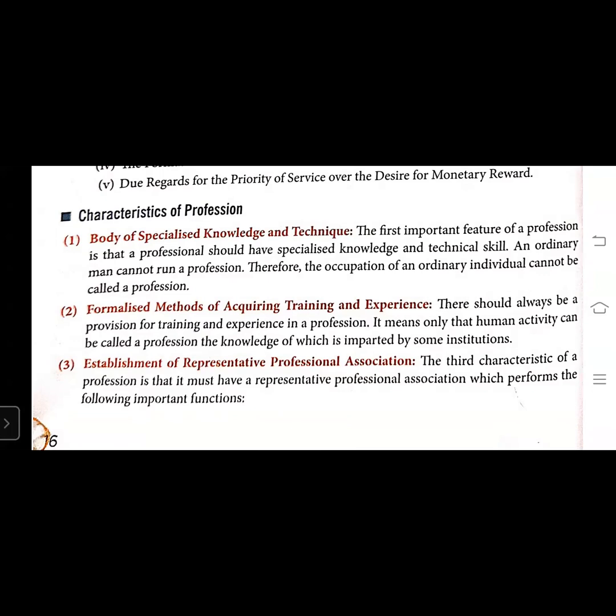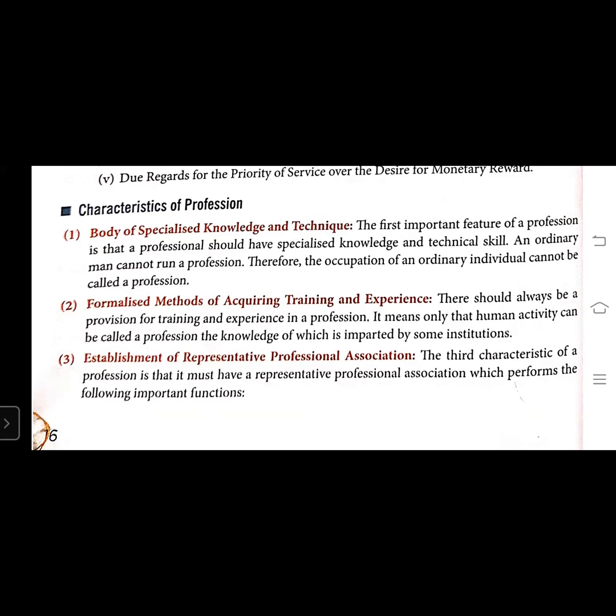Any person cannot just sit as a doctor like this, nor can anyone just sit as a lawyer like this. So they should have specialized knowledge and technical skills. Therefore an occupation of an ordinary individual cannot be called a profession. You cannot call an ordinary person a professional.